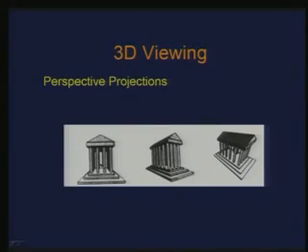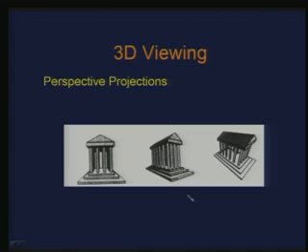These are the examples. This is a single point perspective transformation, this is 2 point perspective and this is 3 point perspective. You can see how the parallel lines with respect to the individual axes seem to converge in all these 3 cases.